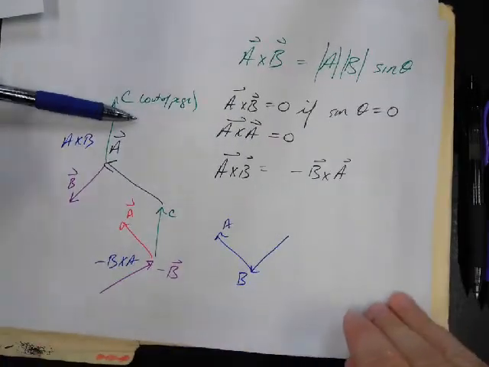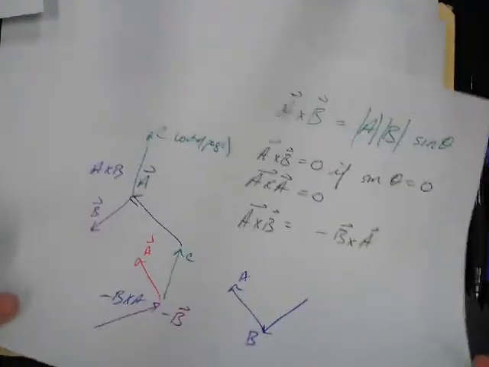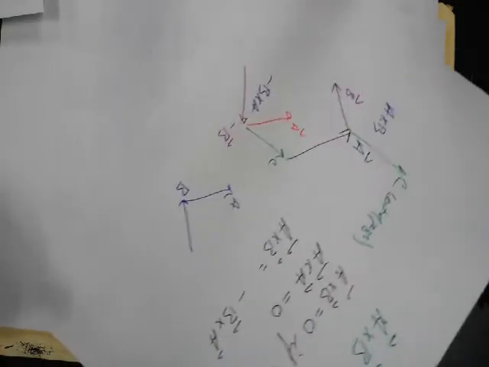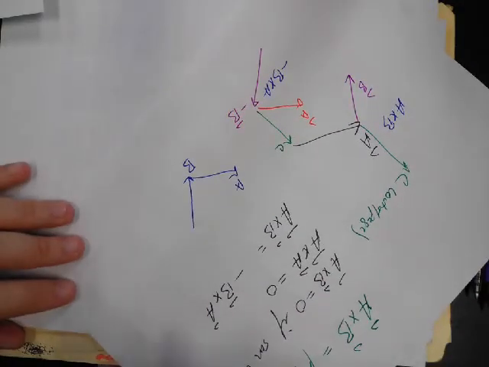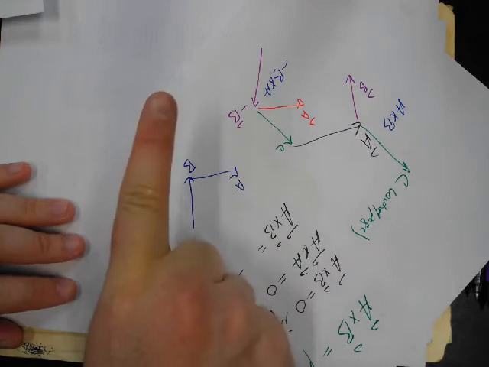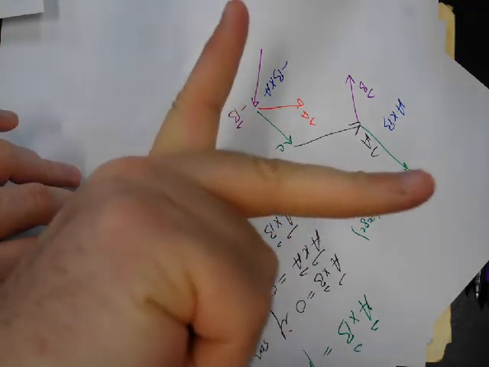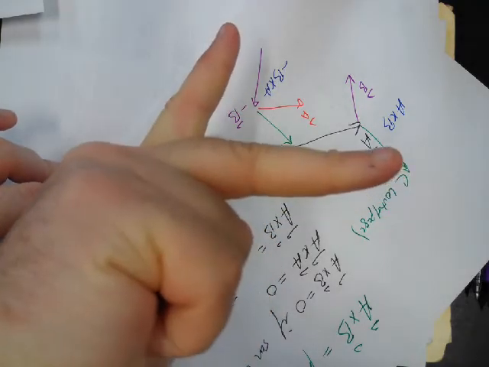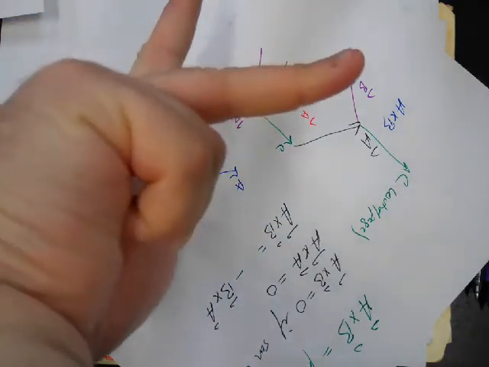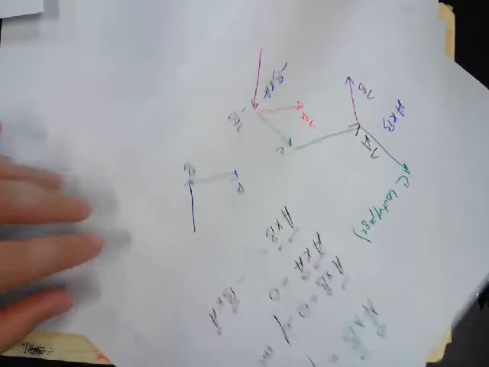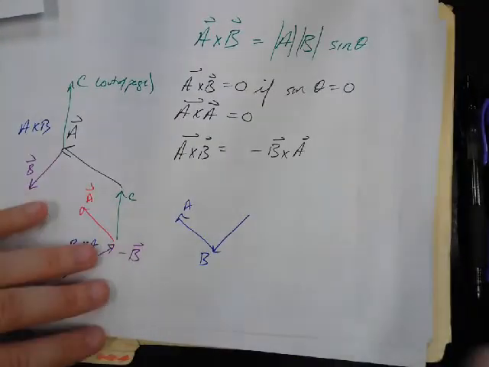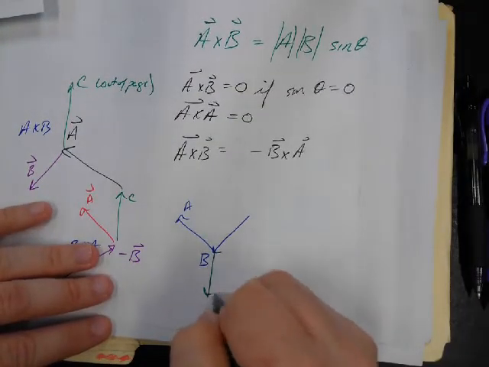When we're doing what we're talking about here, we're going to rotate the paper often. First finger is B, your second finger is A, and to point it that way, I have to rotate my hand like that. And that puts my thumb pointing down into the screen. And so C here goes downwards.